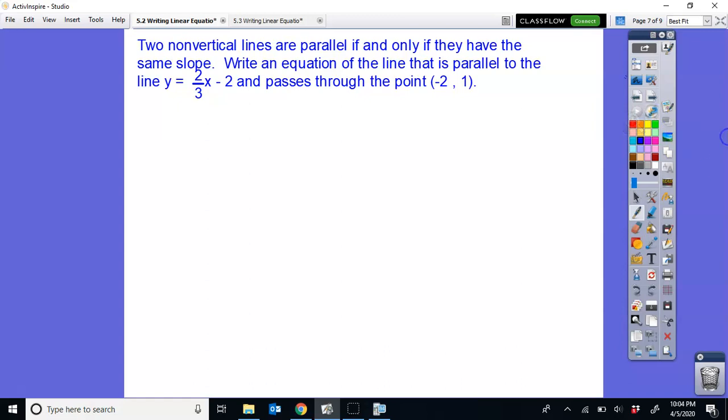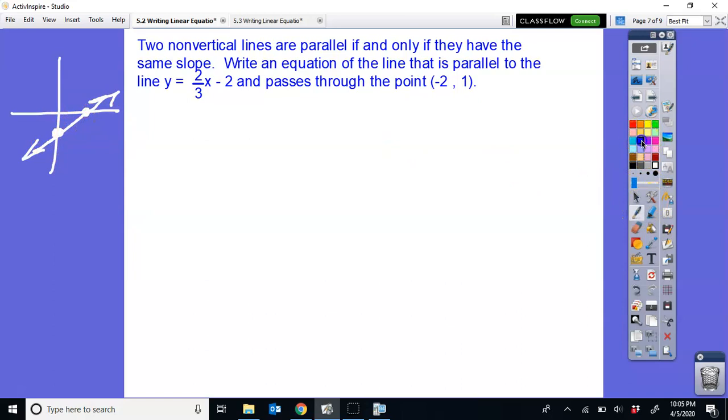Now what is important to understand right here is that I'm being given a line, y equals 2/3 x minus 2. Remember that one would have a y-intercept of negative 2, and then it would be up 2 over 3 for my slope. So it basically would be a line that's going up through here like this. I'm trying to find the equation not of this line.